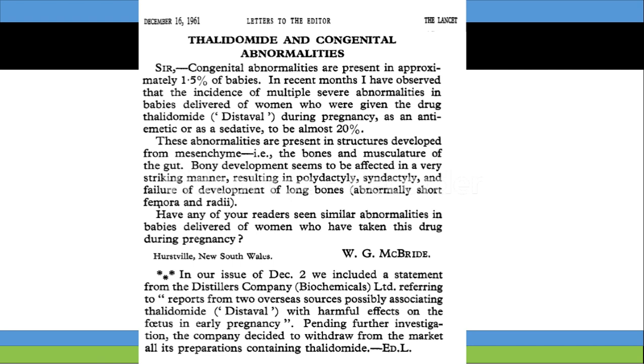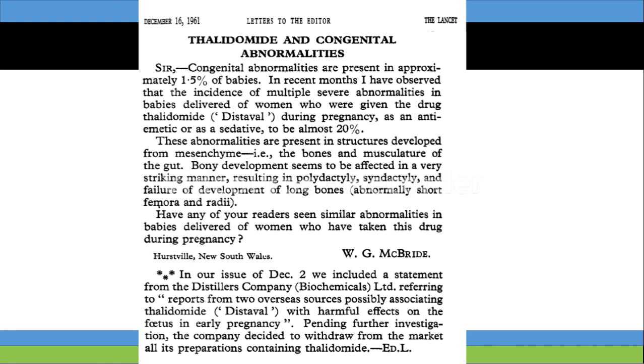This letter was published in the December 1961 issue, and he shared his observation that congenital abnormalities are present in approximately 1.5% of babies. That's the normal statistic. But he noticed that the incidence of multiple severe abnormalities in babies delivered of women who were given the drug thalidomide, which came with the name Distaval during that time in the 1960s, during pregnancy as an antiemetic or a sedative, was almost 20%.